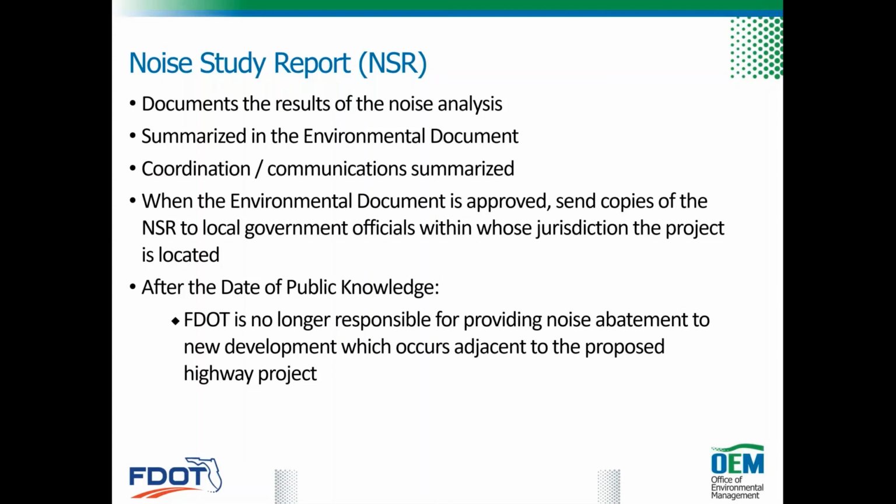And after the date of public knowledge, which again is the date that the environmental document is approved, FDOT is no longer responsible for providing noise abatement to new development which occurs adjacent to the proposed highway project.